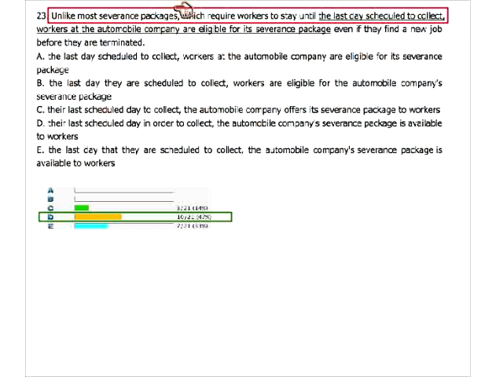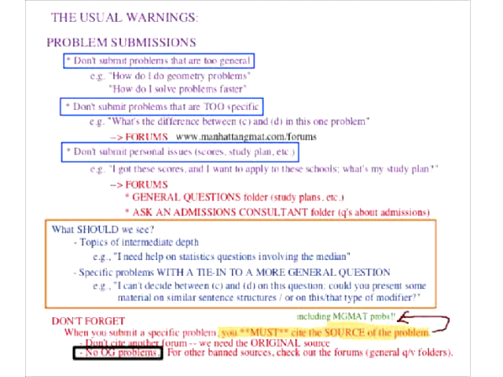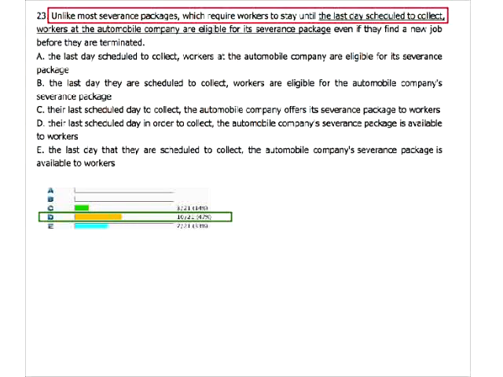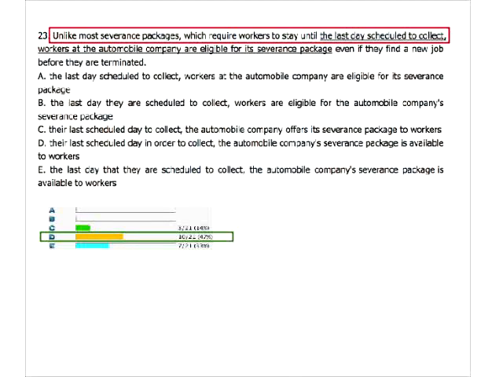Okay, good stuff. Remember that "unlike" is on our list of modifiers, so it's the same rules that we have for everything else. So what is unlike most severance packages? What's unlike most severance packages is this other severance package. So this must apply to another severance package.